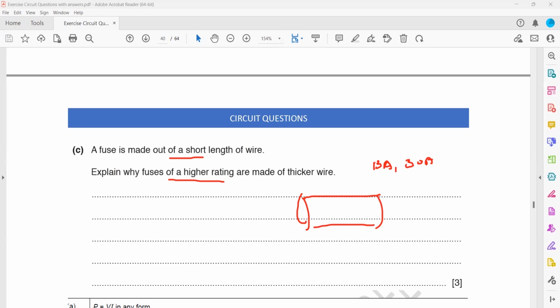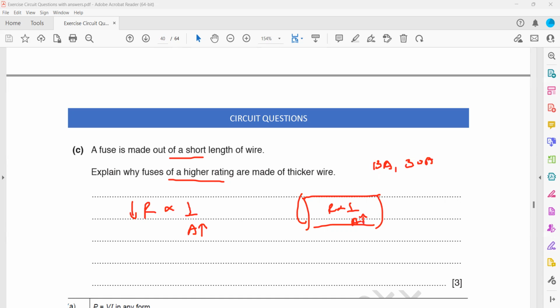So why should the wire be thick? What is the effect of the area or the thickness? Resistance and area are inversely proportional. As the area increases, the resistance will decrease. If the resistance decreases, the current in the circuit will be more. So it can allow a greater amount of current to pass before it melts.